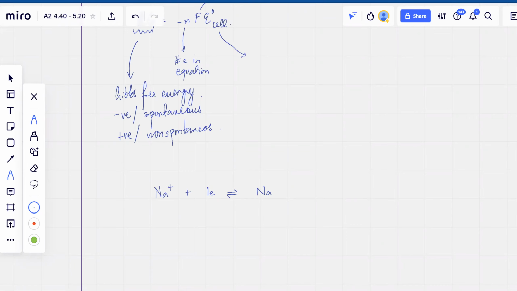The E naught was minus 2.71 volts. And I've got a second reaction, and the E naught for that was 1.36 volts, right? And I'm just going to multiply the first one by 2 so that the electrons gained and lost are equal.